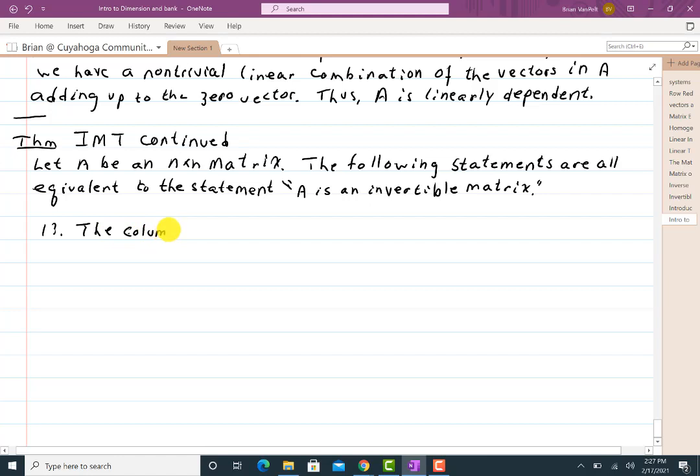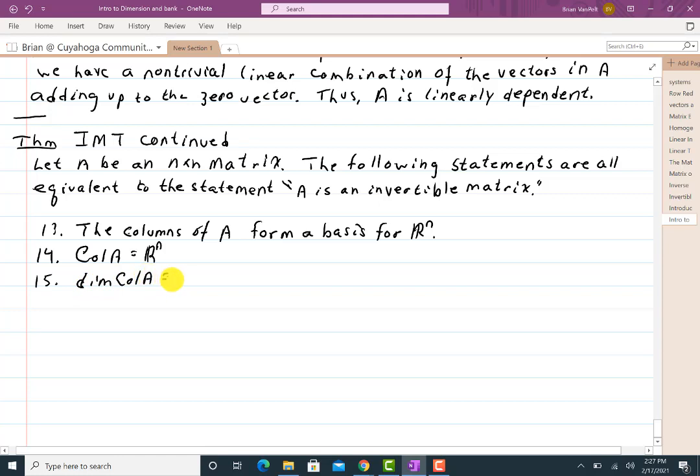The columns of A form a basis for Rn. 14, Col A equals Rn. 15, dim Col A equals n. 16, rank A equals n. 17, dim Null A equals 0. 18, Null A equals simply the 0 vector.